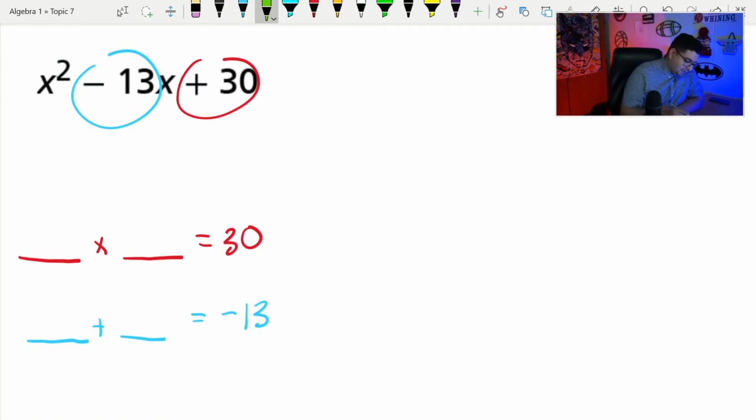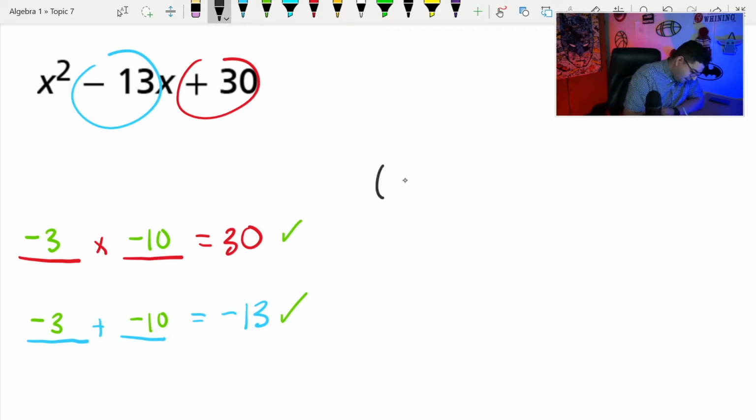So for this one, after you mess with it for a bit, you would realize that negative 3 times negative 10 gets me a positive 30, because a negative times a negative is a positive. And then I can add negative 3 and negative 10, and I would get negative 13. So for this one, I'm going to have x.